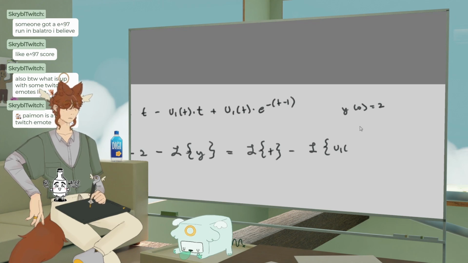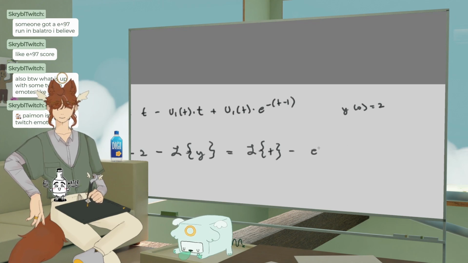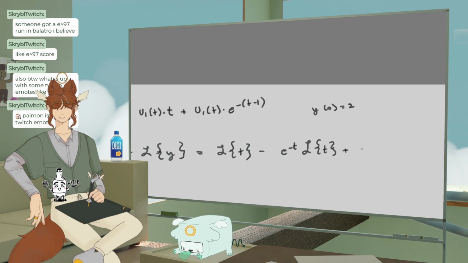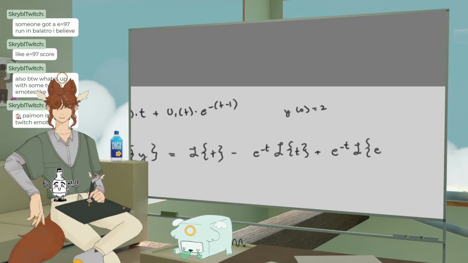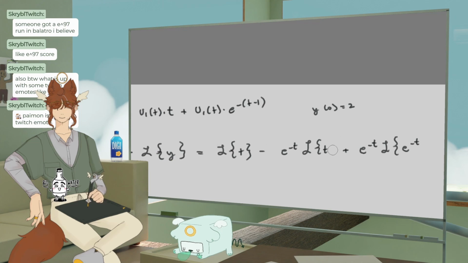Let me pull out the Laplace actually. So it's gonna be e to the negative t times the Laplace of t plus e to the negative t times the Laplace of e to the negative t minus 1. Okay, actually, before I do that, this is going to turn into t. This one is going to turn into t minus 1.